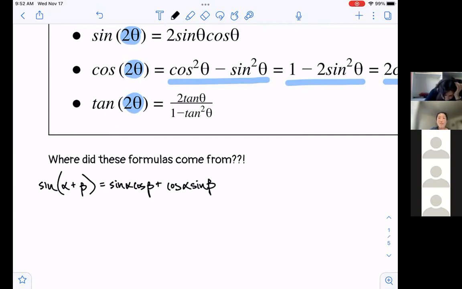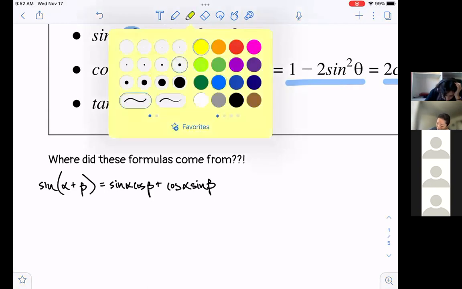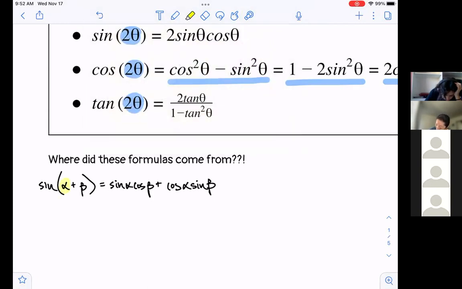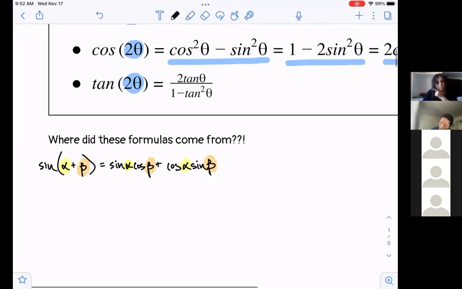All right, so we have this formula, right? And the way we used it is everywhere we saw the alpha, we did sine alpha, cosine alpha, but then where we had the beta, we had cosine beta and sine beta. And so now let's imagine we had sine of theta plus theta, okay?